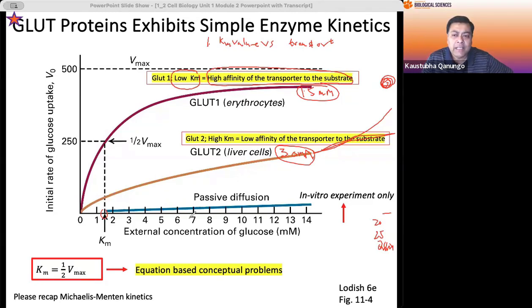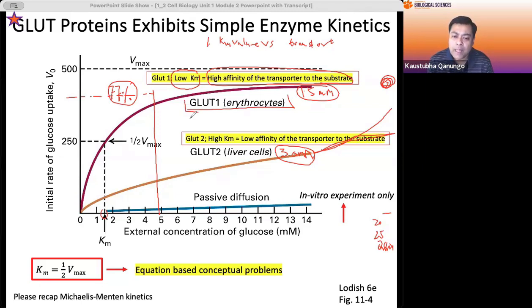And see that it is just within about 5 millimolar right here. If you read the book, it transports glucose at 77% efficiency of the transporter.